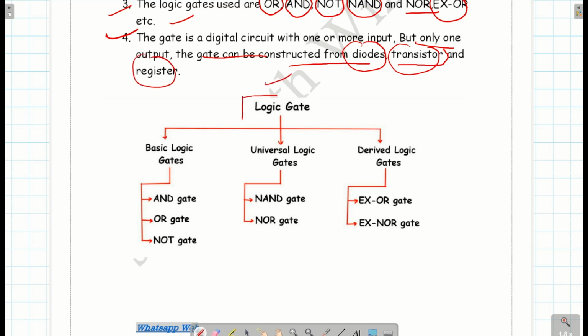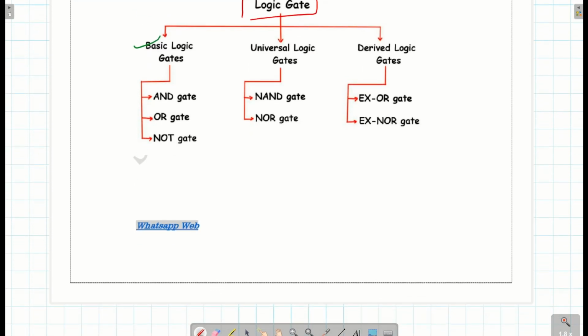So here is the classification of logic gates. You have basic logic gates, only three: first is AND gate, OR gate, and NOT gate. And the second type is universal gates, like NAND gate and NOR gate.